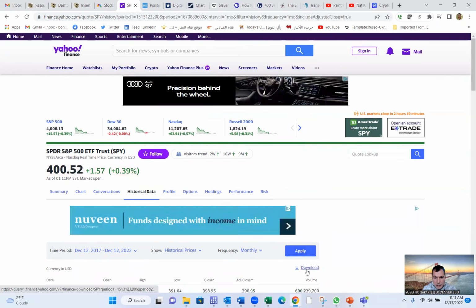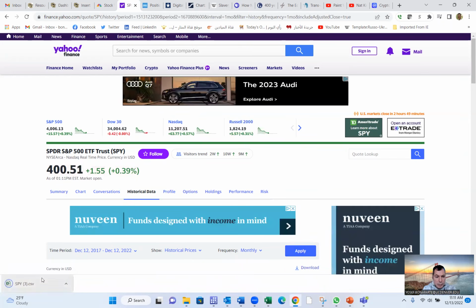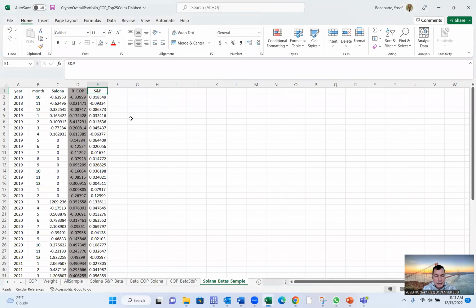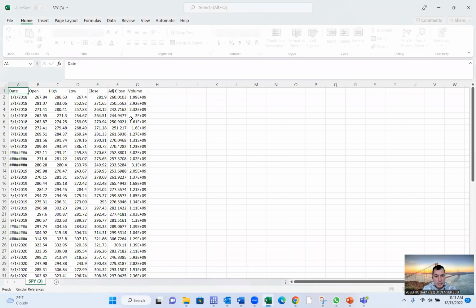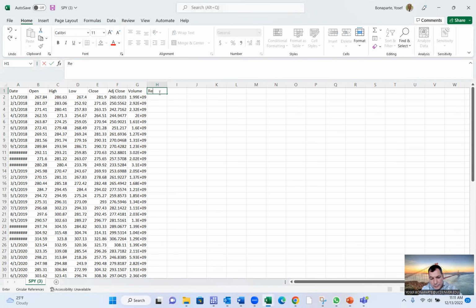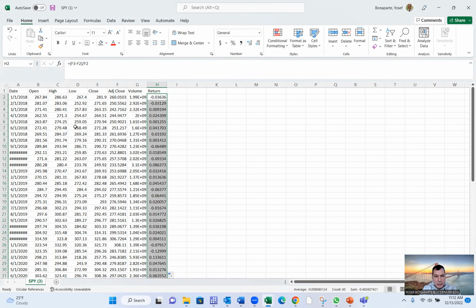Apply, download, click on it. And then return equals the close at the end of the month minus the close at the beginning of the month, divided by the close at the beginning of the month. Enter, double click, and there you have it.